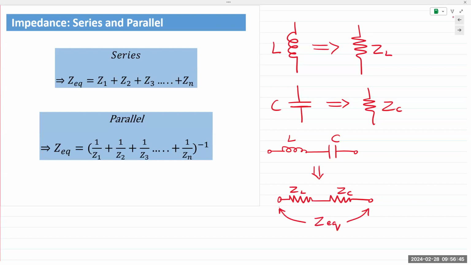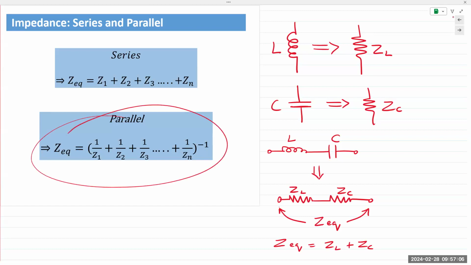We say that they are in series and the impedances can be summed up. So ZEQ would be equal to ZL plus ZC. They add up the exact same way as you add up resistors in series. And if they were connected in parallel, they would add up the exact same way that you would add up resistors in parallel.